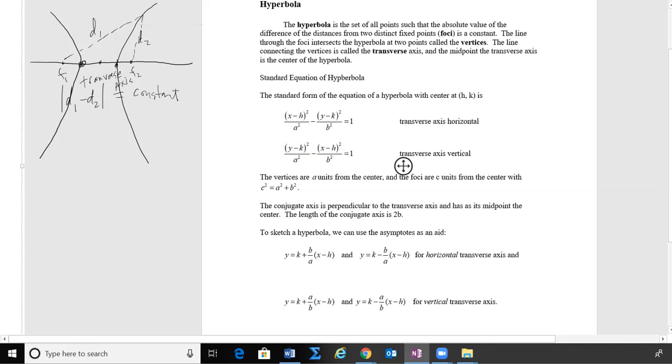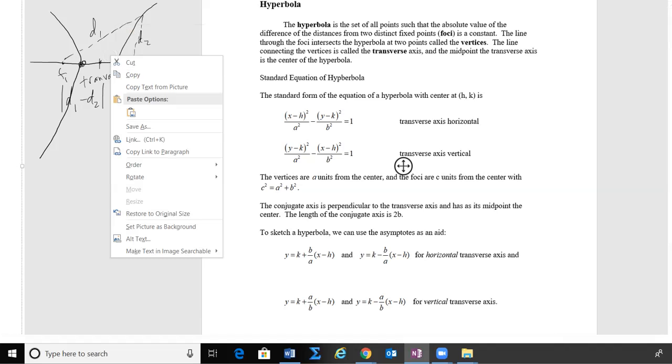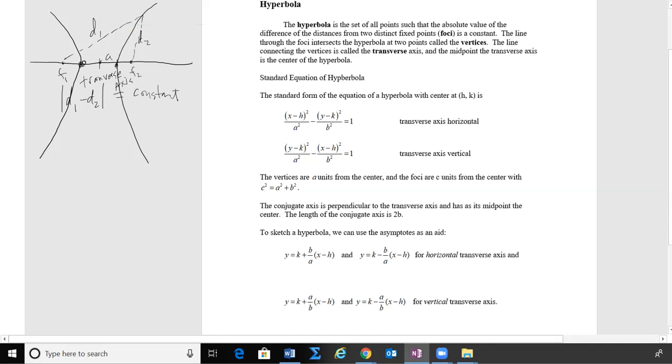Okay, so you've got a transverse axis, and it's from the center. The distance from the vertex to the center is still A. And the distance from the center over to this focus is also C. Remember that same relationship back in the ellipse, from the center out to the focus was C. But you notice in this case that the focus is outside of, in a sense, the ellipse.